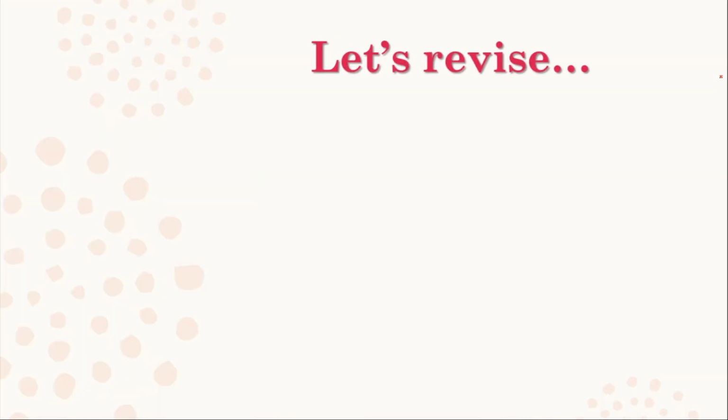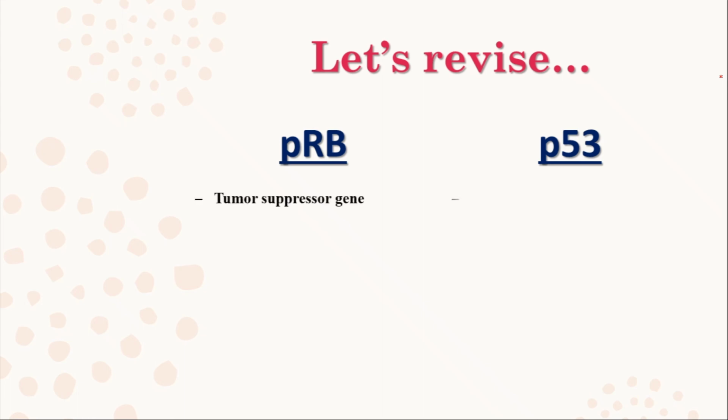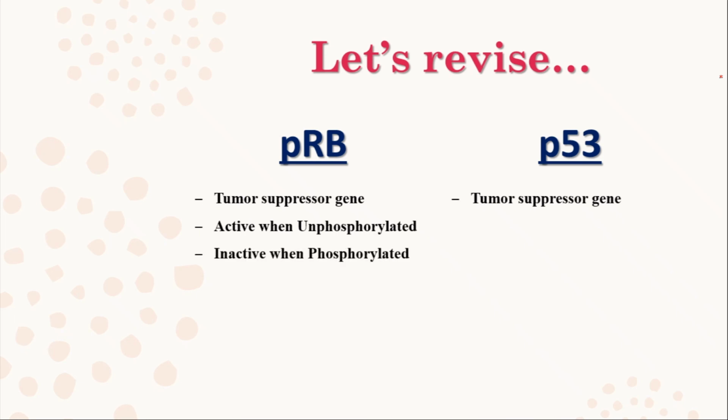What we will do is we will just compare between your pRB and P53 protein and try to understand the difference. First, we understood that both are tumor suppressor genes, right? Secondly, we saw that pRB becomes active when it is unphosphorylated. It means when it is not having any phosphate, then it is active, and it becomes inactive when it gets phosphorylated, right?